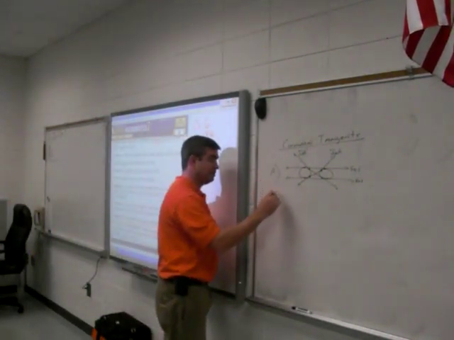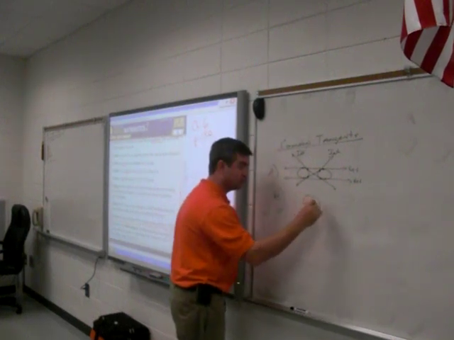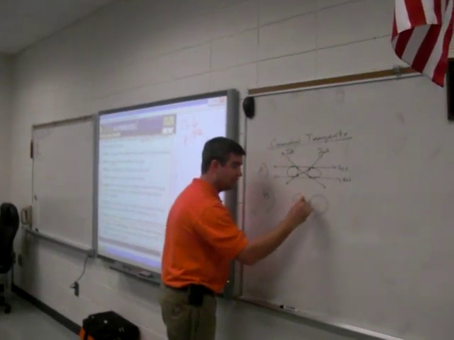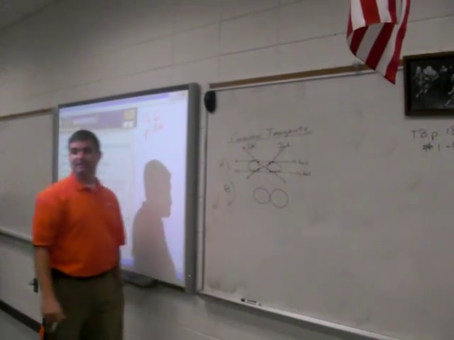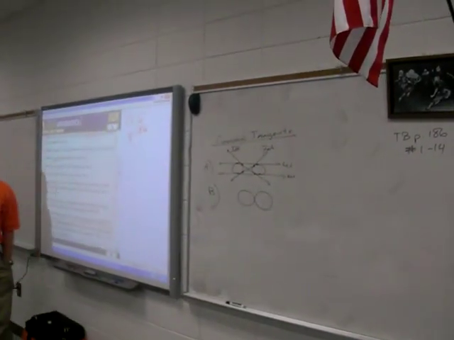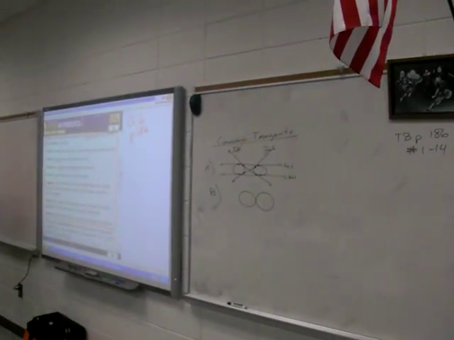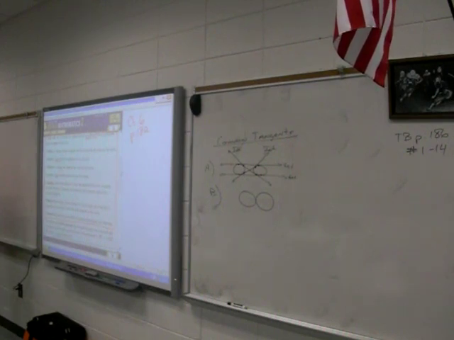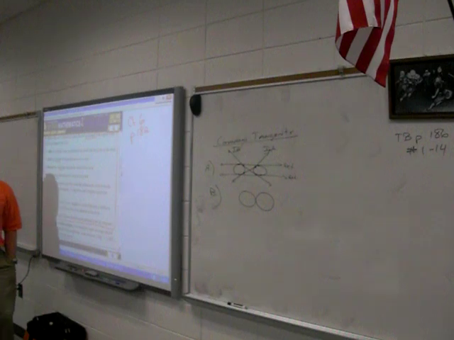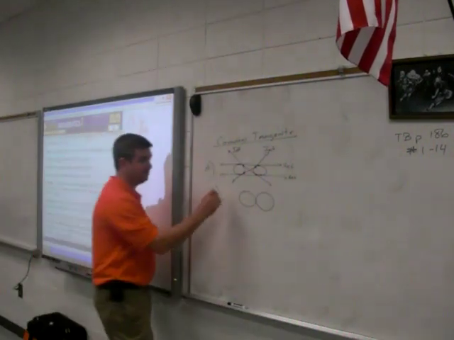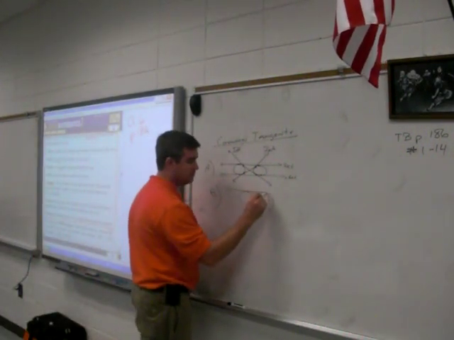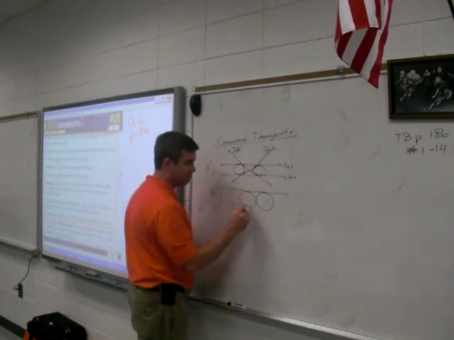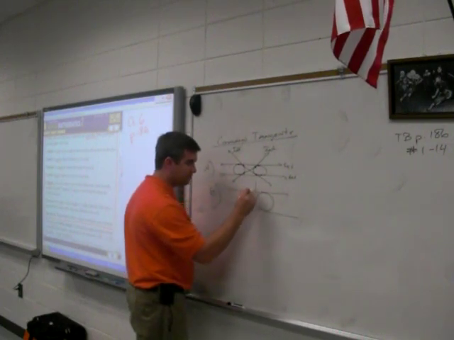Example B is going to be two circles that touch at exactly one place, like a sideways 8, or it could be on top or bottom, but they touch exactly one place. How many common tangents would those two circles have? Three. We'd have one on the top, one on the bottom, and then one in the middle.